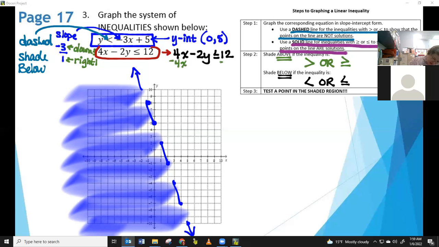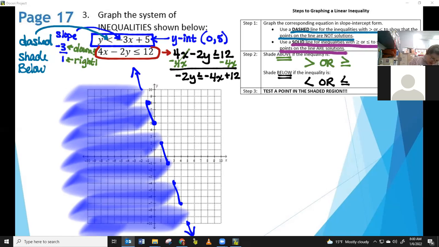So I'm going to subtract 4x from both sides. Because I want it in slope-intercept form, I have to make sure that that -4x ends up right after my inequality. The 12 is positive, so I have plus 12. What next? Divide by -2.